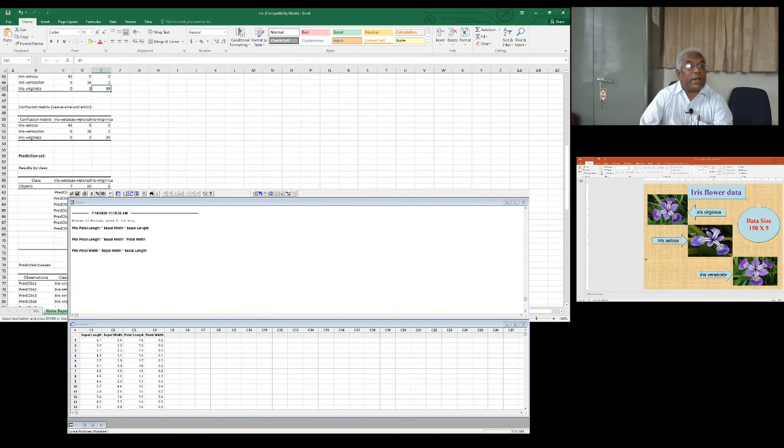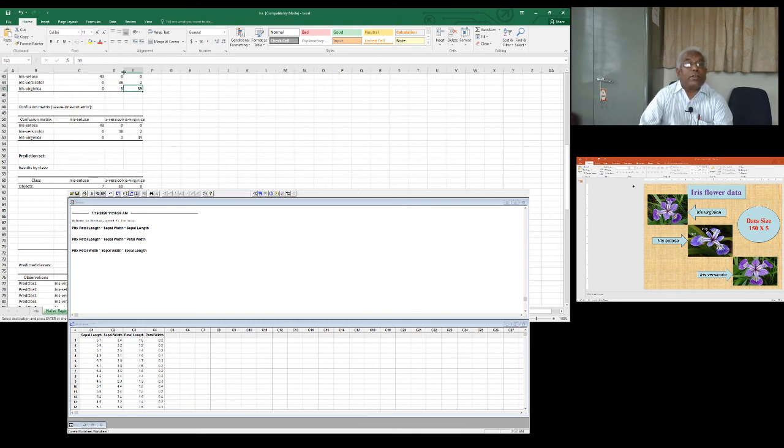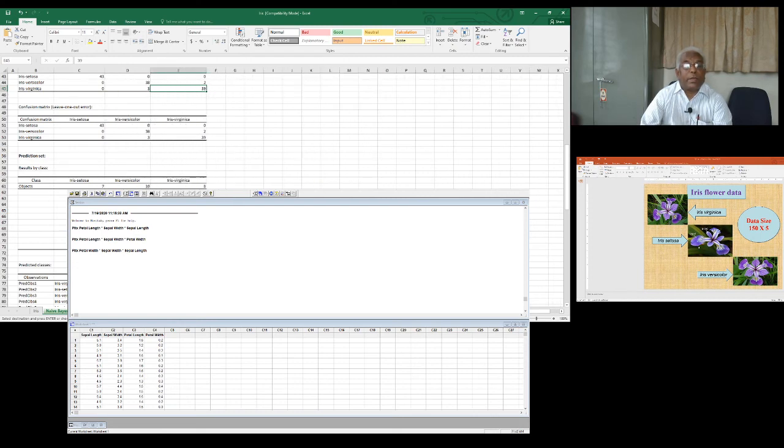Now, if you see the prediction set, among the 25 data points, flowers, you will see this is the classification. Observations 2, 10, 17, 18, 20, 23, 25 belong to Iris setosa species.